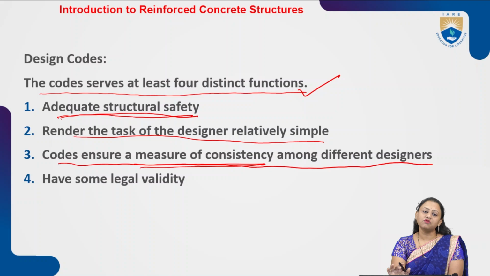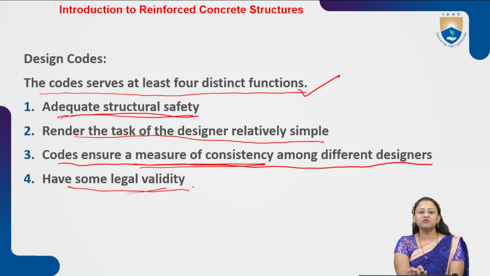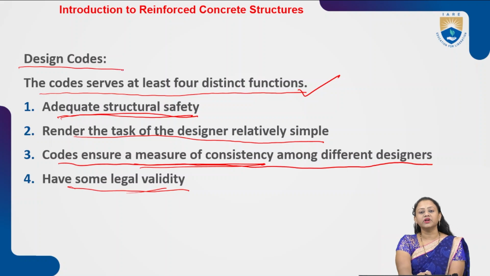We are all following the same design codes for construction, and they have some legal validity. You cannot have illegal construction practices, so you have to follow these design codes for the construction of different buildings.